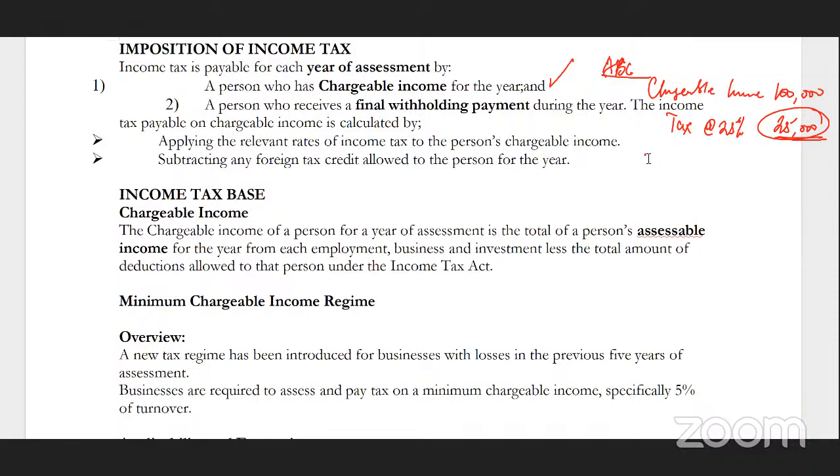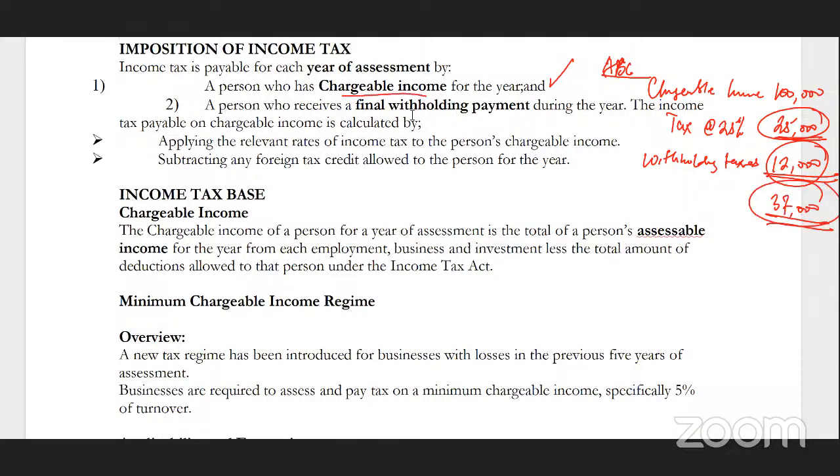The same way, ABC might have withheld, right? He has some withholding taxes that he has withheld, right? These withholding taxes, let's say, amount to 12,000, right? This 12,000 is also money that is due to the Commissioner General. So overall, his total tax liability is what? 37,000, which arose because he had what?